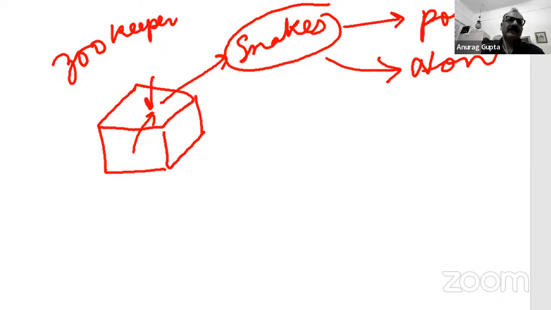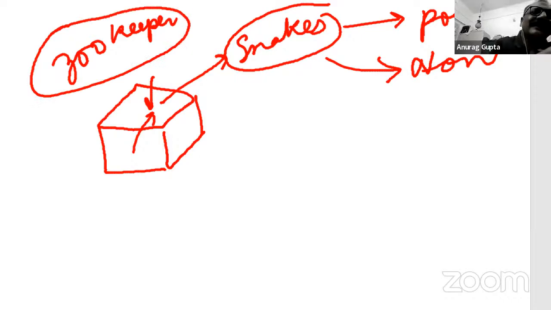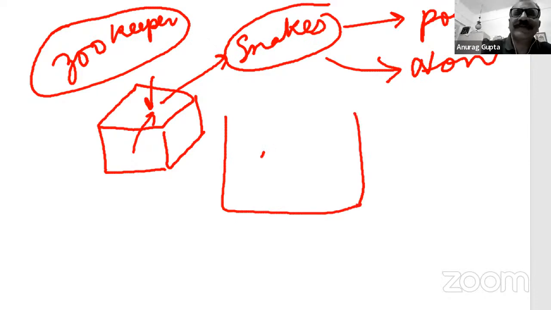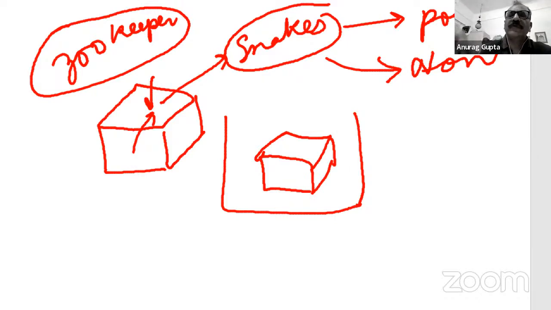So when you are expecting a box without snakes, you may not take any precautions as a zookeeper. But suppose you know that this box might contain a snake which may be poisonous or non-poisonous, you may like to go to a special room to deal with this box. In case the snake bites you, you should be able to take certain precautions, right?